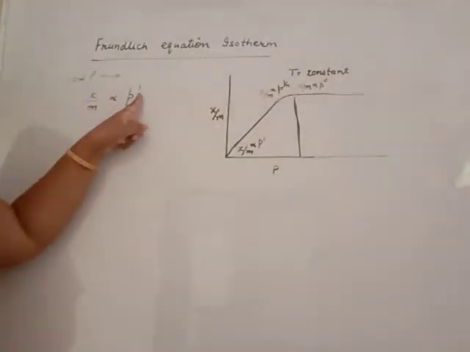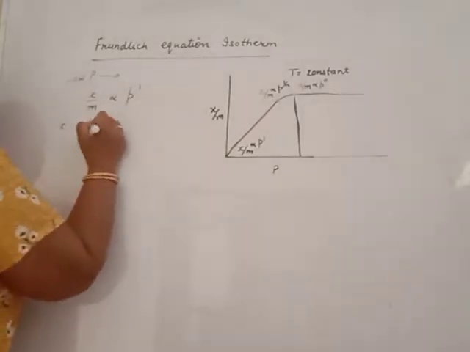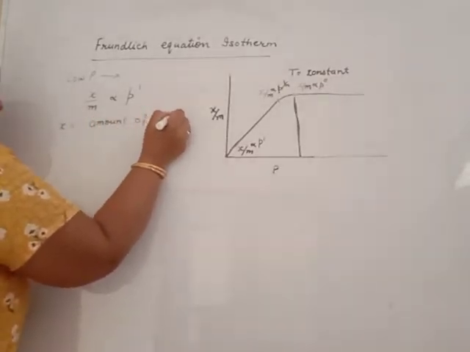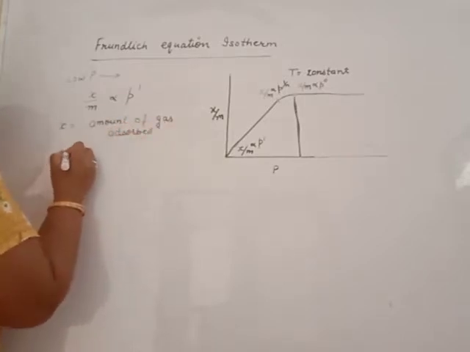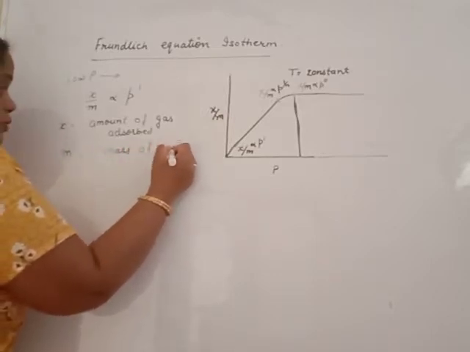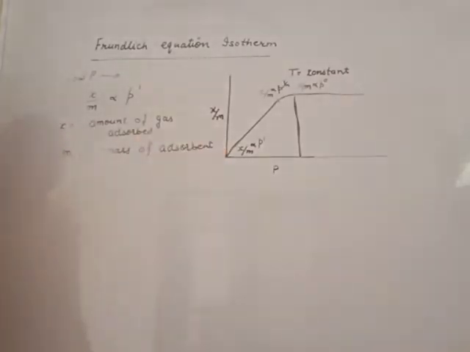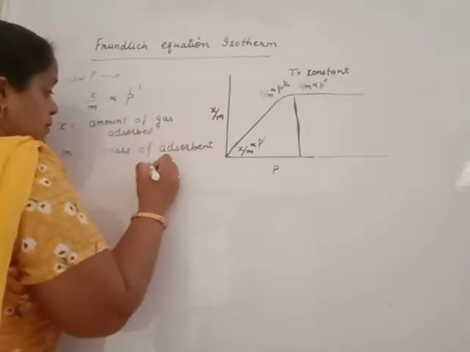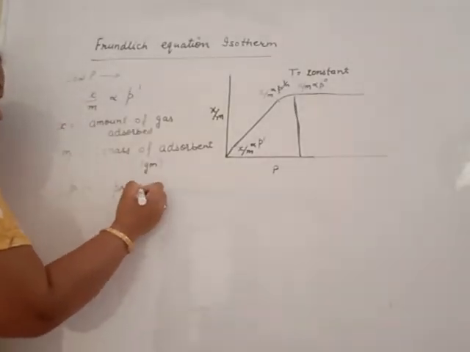As much as pressure increases, the rate of adsorption of gas increases. Here x is the amount of gas adsorbed, m is the mass of adsorbent taken for the adsorption of gas, and this mass is in grams. P is the pressure applied on the gas.